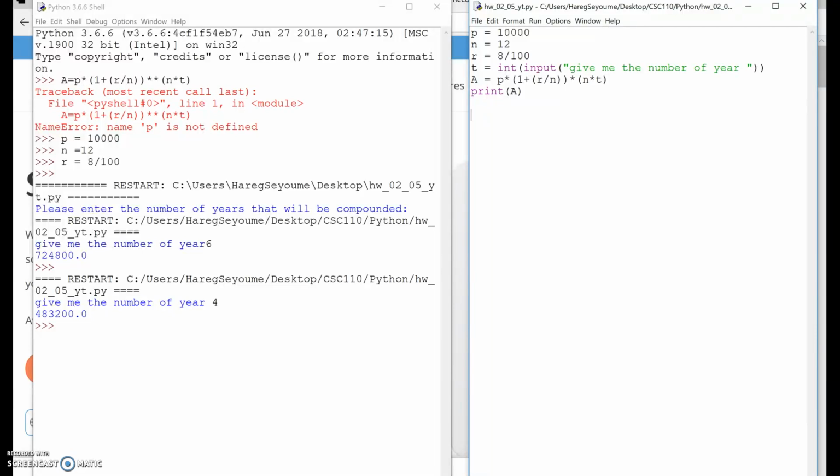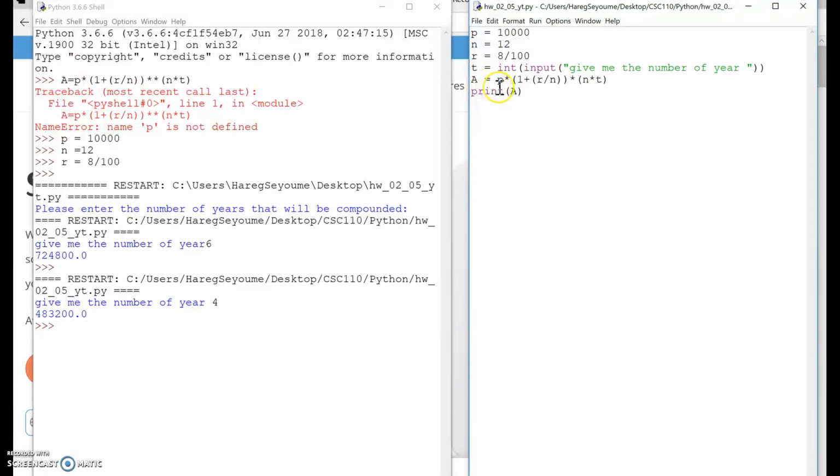As you can see right here, P equals 100, which is the principal amount, and then we assign 12 for n, and then the interest rate is 8%. Then t is the time, in years.